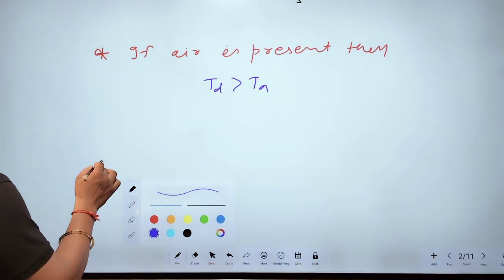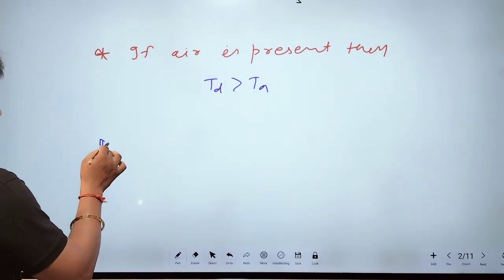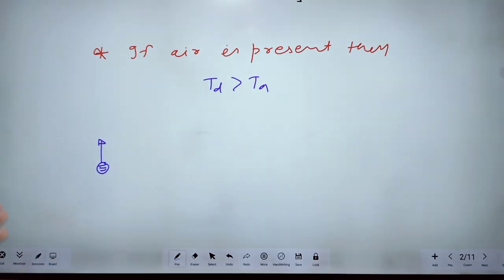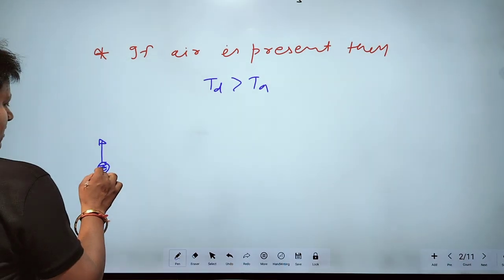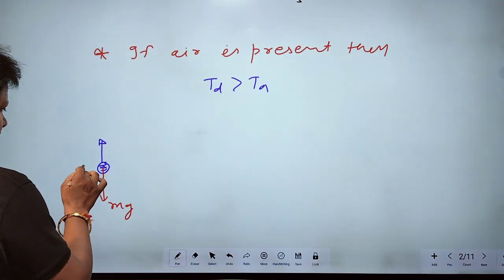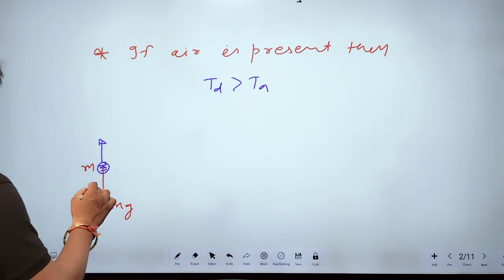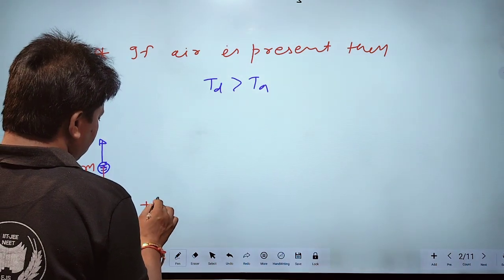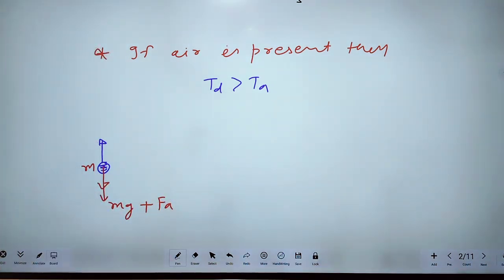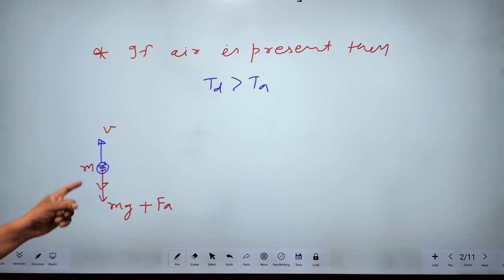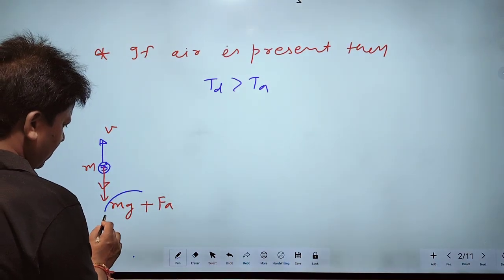This is because when a particle is thrown vertically upward, a gravitational force acts on the particle which is equal to mg, and another force which is exerted by air, called air resistance, also acts in just the opposite direction of the velocity of the particle. Okay, therefore the resultant force in one direction is large.